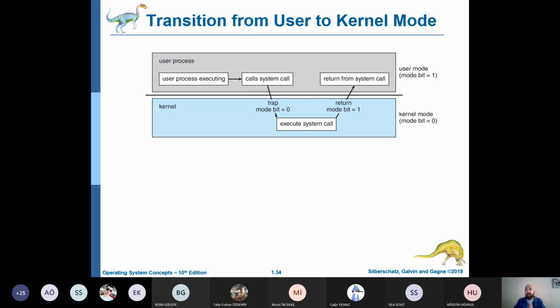The operating system executes that system call and then returns to the calling environment, in this case our user process. So if you want to perform operating system processes, let's say managing resources or handling interrupts, you have to change your mode to kernel mode first, and then when you pass the control back, you have to change the mode to user mode again.